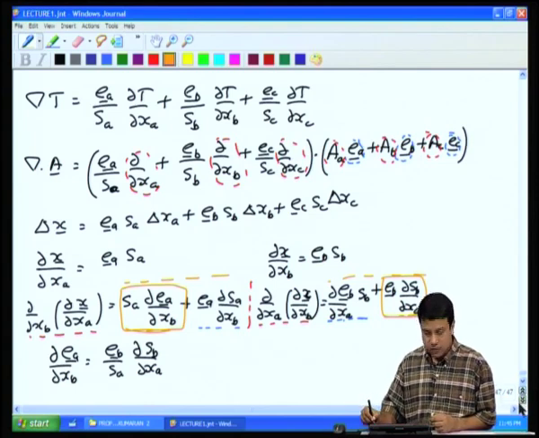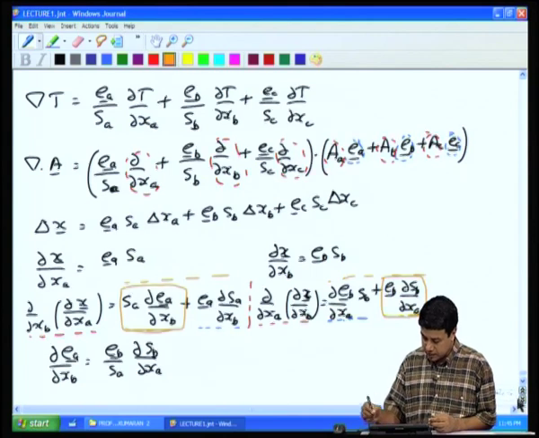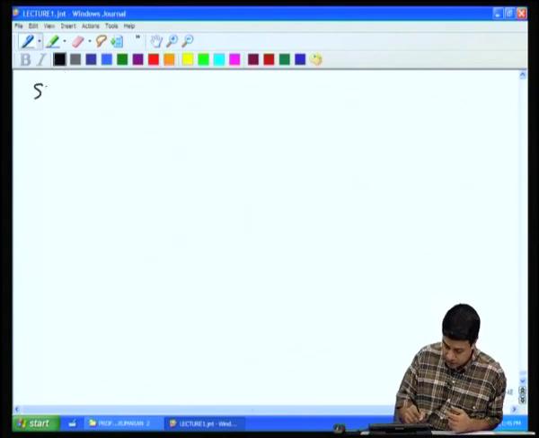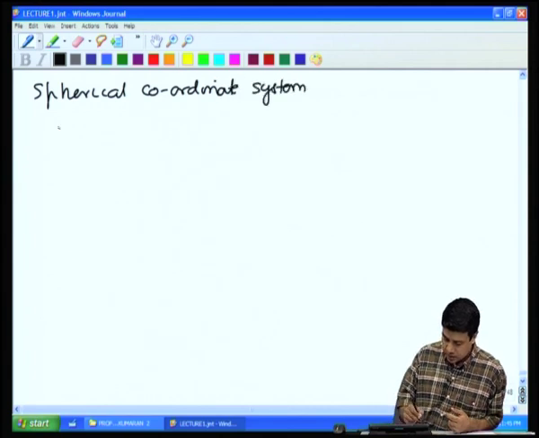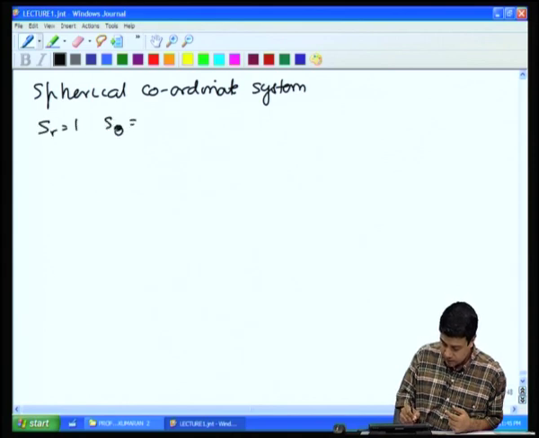And how do I use that to advantage in order to derive the divergence? Okay. So, this gives me the derivatives of unit vectors. Okay. So, for a spherical coordinate system, I know that S R is equal to 1, S theta is equal to R, and S phi is equal to R sin theta.